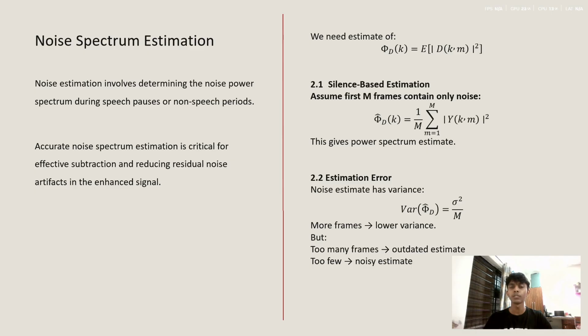If the variance becomes lesser and lesser, the noise estimation is really accurate. But if there are too few frames, then we cannot estimate the noise properly.